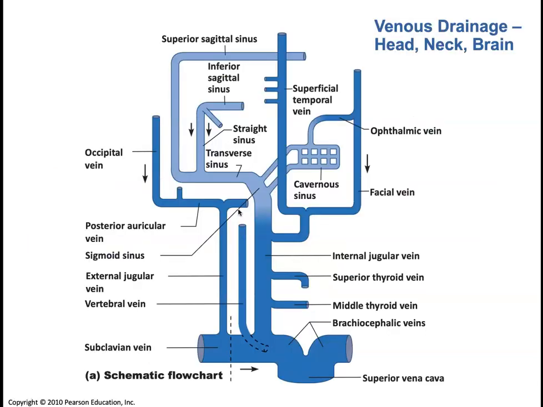Then again, you can see here that we've got another thematic plumbing diagram in terms of the blood that is going to return back into that subclavian vein and then the superior vena cava. But first, on both the right and the left, we have these brachiocephalic veins. And what this means is that they are veins that are returning blood from the arm, upper body, and from the head, the brain.